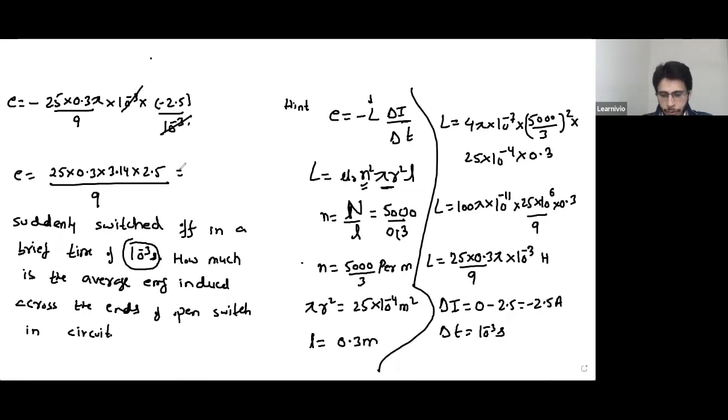So it's 25 into 0.3 multiplied by 3.14 multiplied by 2.5 divided by 9. It comes out to be 6.54.